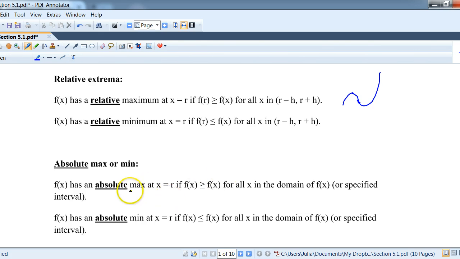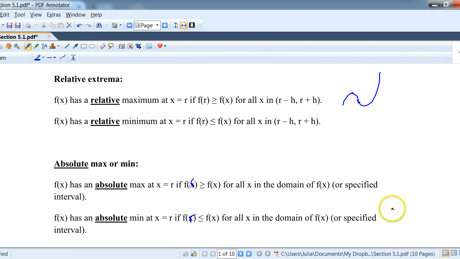Let's say we have an absolute maximum at x equals r if f of r is greater than or equal to f of x on all the domain or the specified interval, which in a lot of problems will just focus on the specific interval, not maybe the overall domain. And same thing for absolute minimum, if f of r at that point is less than or equal to f of x. So we will take endpoints as also possible maximum or minimum.